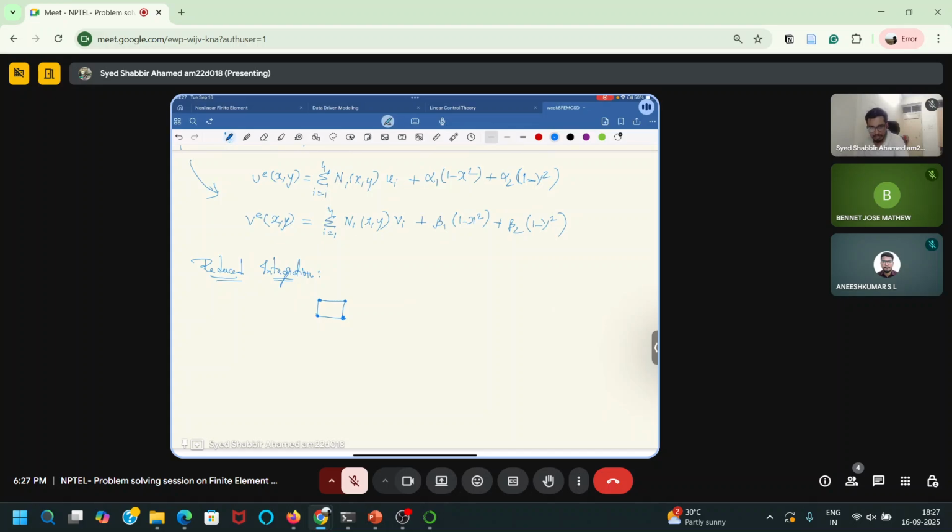That is the condition which a beam element should satisfy. So even if you apply load, u1, u2, u3, and u4 will become zero, and v1, v2, v3, and v4 will also become zero, because the shear strain has to be zero.